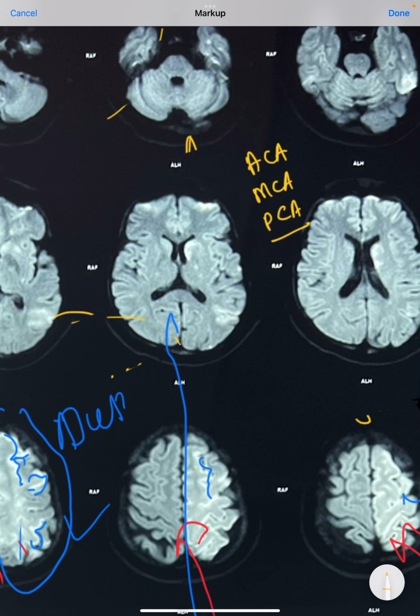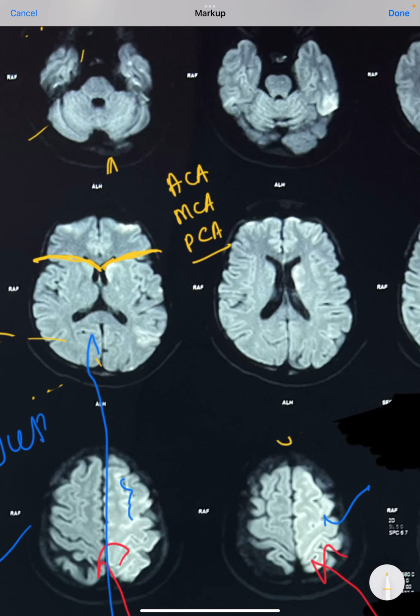Middle cerebral artery mainly supplies most of the brain. So if these are the two ventricles, the anterior portion from these lateral ventricles is supplied by ACA. So this is all supplied by anterior cerebral artery.